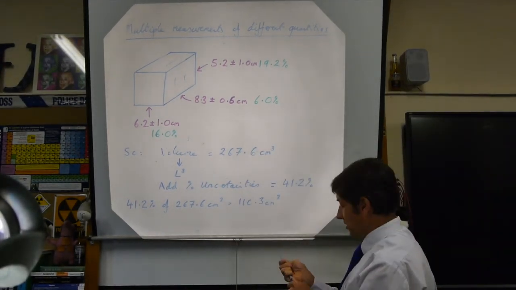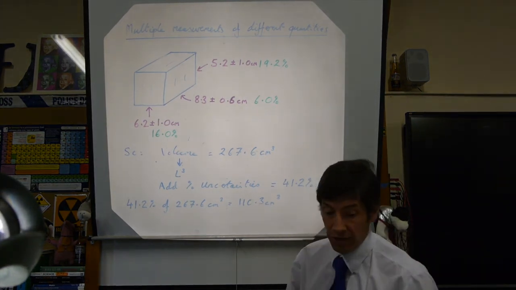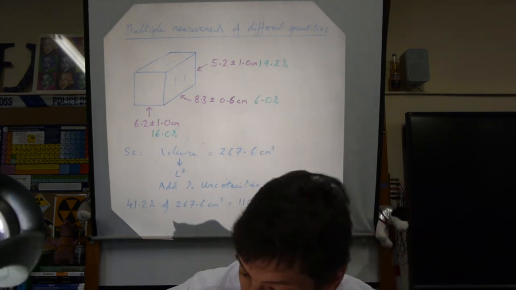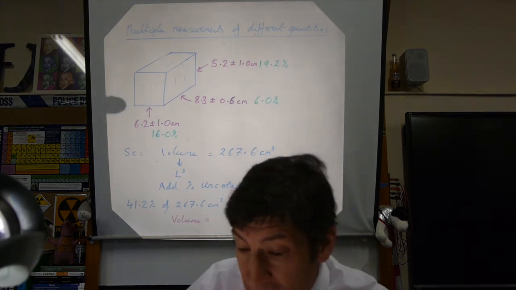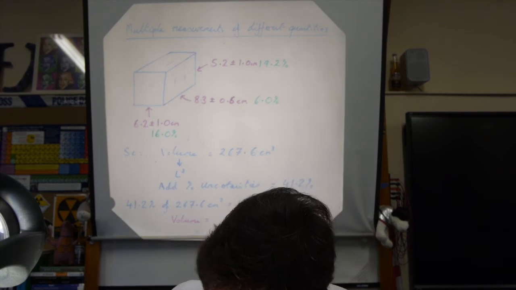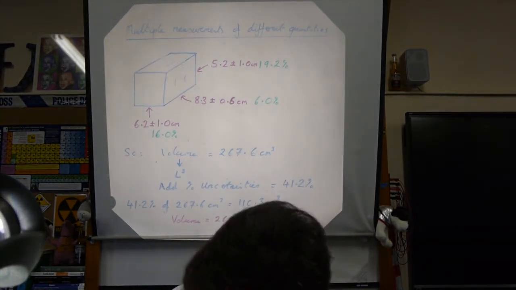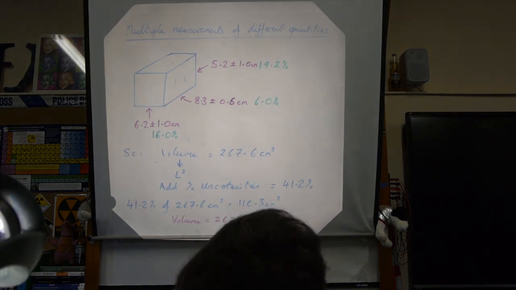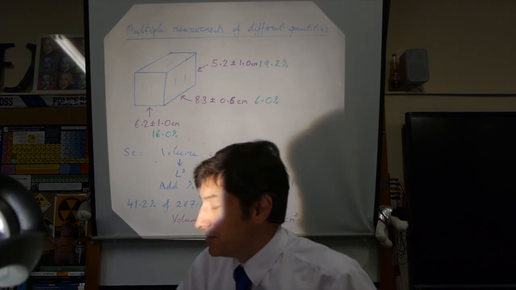Now that we've got our absolute uncertainty, we can quote the volume as what we calculated by multiplying the sides together: 267.6 plus or minus 110.3, and there's our units, centimetres cubed.